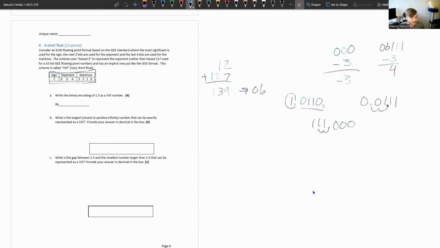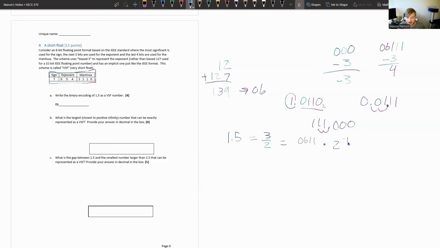All right, so first, write the binary encoding of 1.5 as a very short float number. 1.5 is equivalent to 3 halves. If we write 3 in binary, we get 1, 1, so 0b11, and then we multiply that by 2 to the -1, since 1/2 is 2 to the -1.